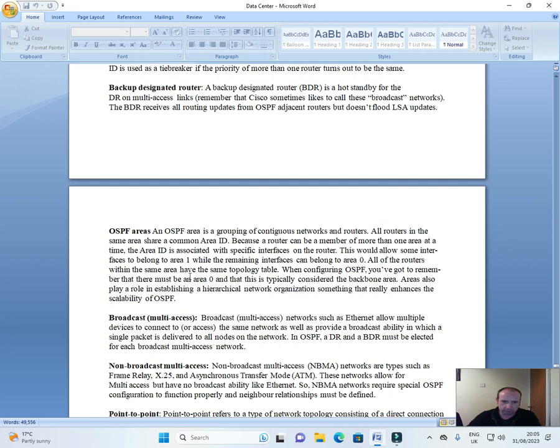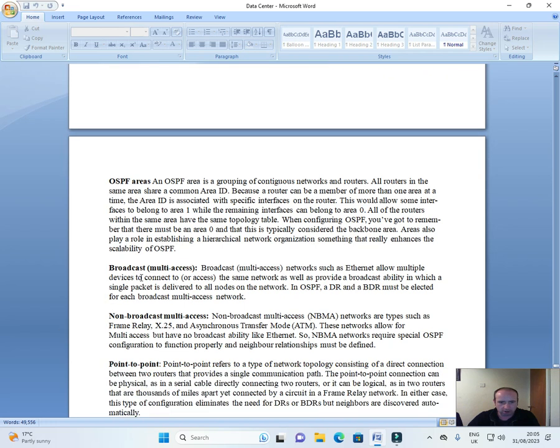All of the routers within the same area have the same topology table. When configuring OSPF, you've got to remember that there must be an Area 0 and that this is typically considered the backbone area. Areas also play a role in establishing a hierarchical network organization, something that really enhances the scalability of OSPF.